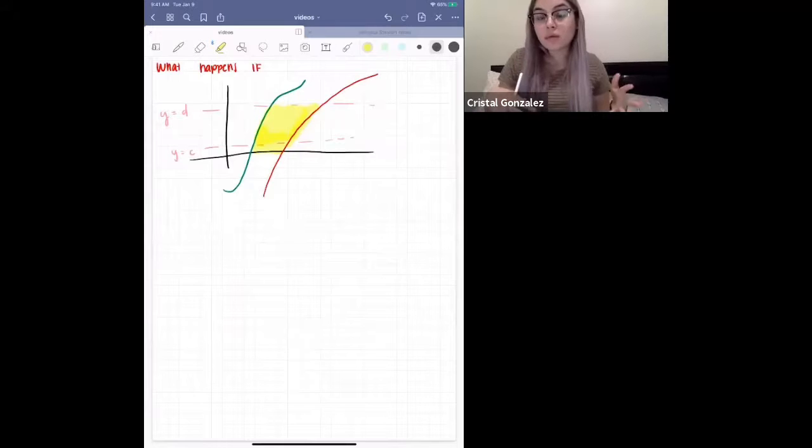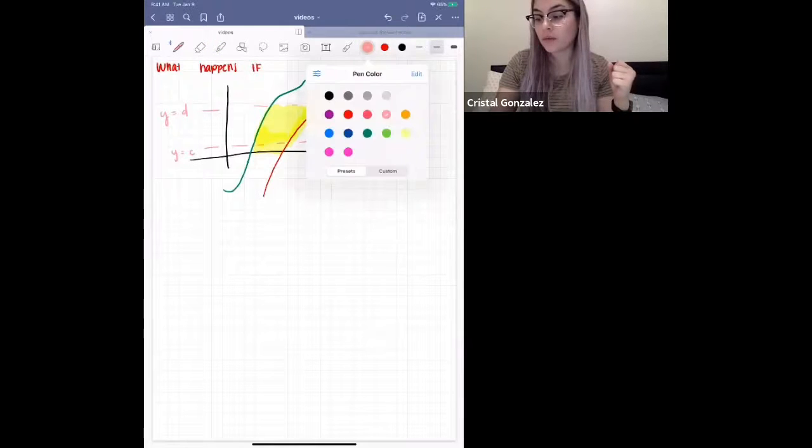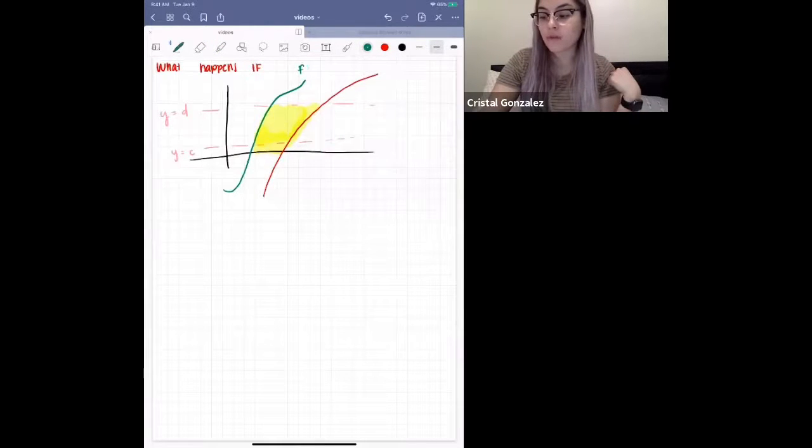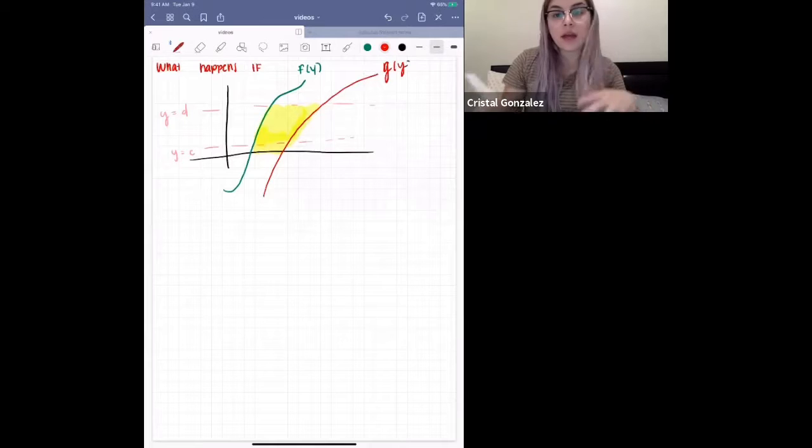This means that our independent variable has now become y, and our dependent variable is now x. So our function here is actually f of y, and our function here is g of y. You'll be able to see that in the problem. Again, we'll do examples to really lock this in.